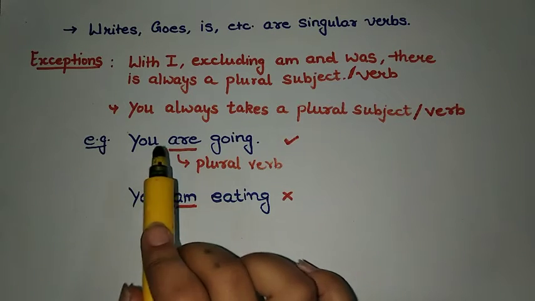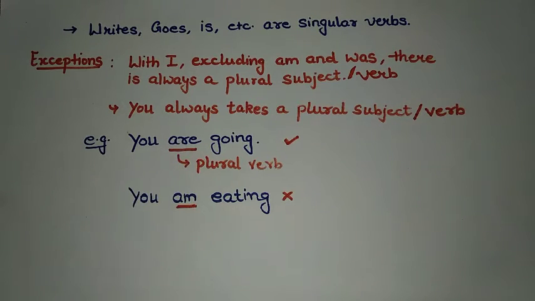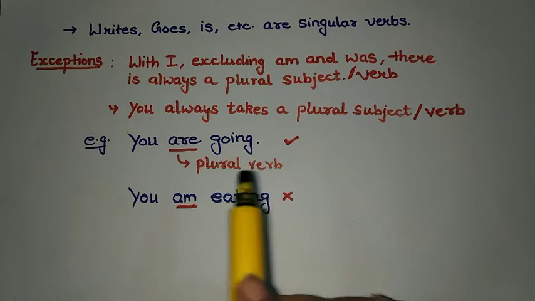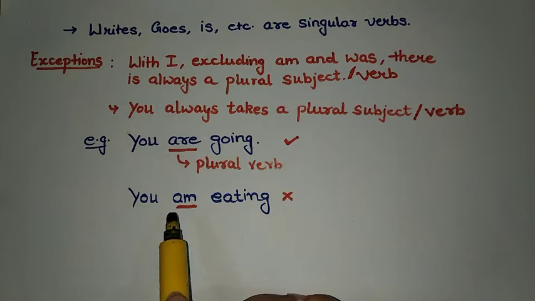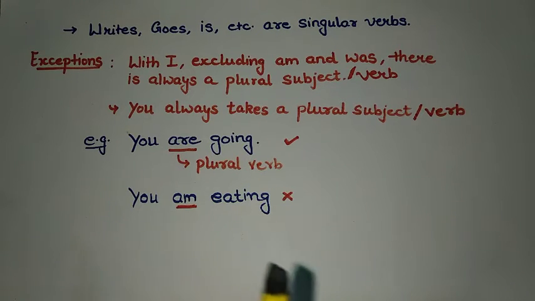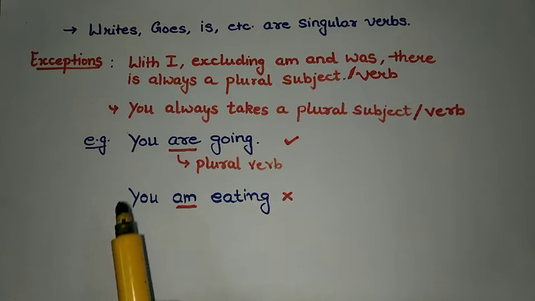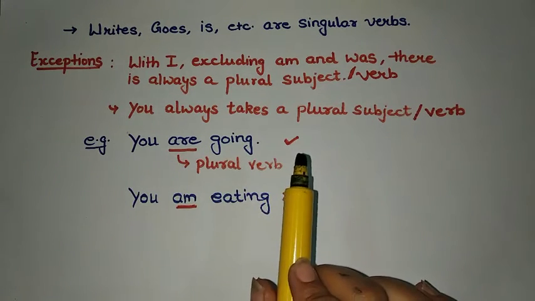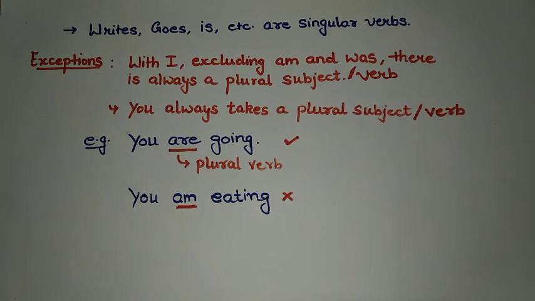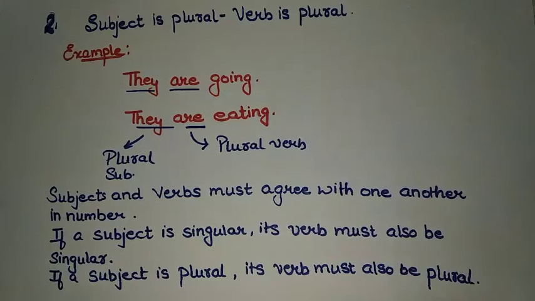That's why we always use are with you, not you am eating. So this sentence will be wrong. Yes, because you is singular, we should use a singular verb according to the rule. But in grammar, you can come across so many exceptions. So this is one of them, that we cannot use a singular verb with you. So you are going is a correct one and you am eating is a wrong sentence.